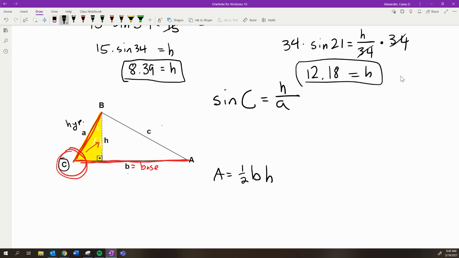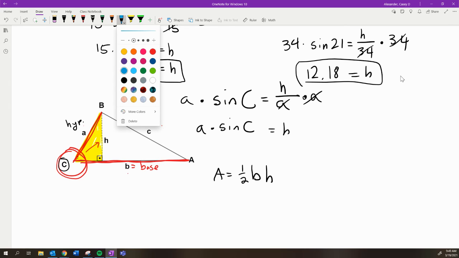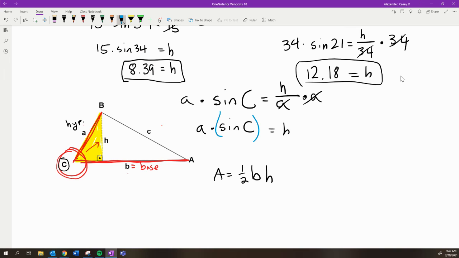No matter what that number is, A is always going to be the hypotenuse. So if we isolate h by multiplying both sides by a, that means the height of the triangle will always be the length of that side here that's not the base times the sine of the angle. And now we can substitute that in place of the height. So a times the sine of C can get substituted in place of the height.